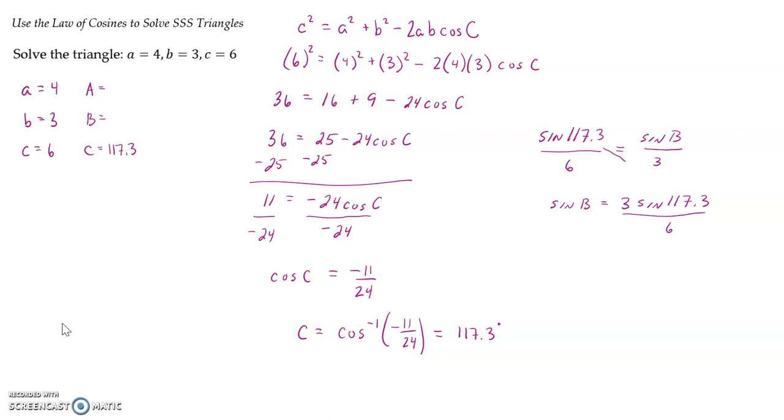Keep in mind we're solving for our angle measure, so we're going to have to go ahead and take inverse sine of both sides. And let's go ahead and take this one out to 1 decimal place as well. This will come out to be 26.4 degrees.